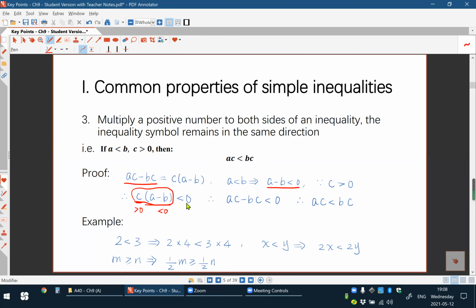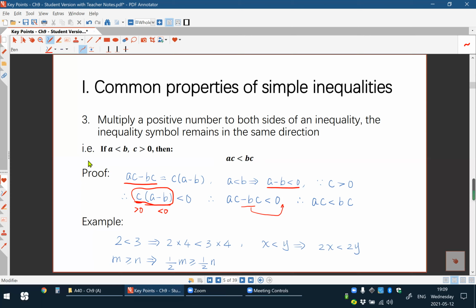If we expand this left-hand side, we get AC minus BC. AC minus BC is smaller than 0. And if we put this term to the right-hand side of the inequality, we get AC is smaller than BC, right?